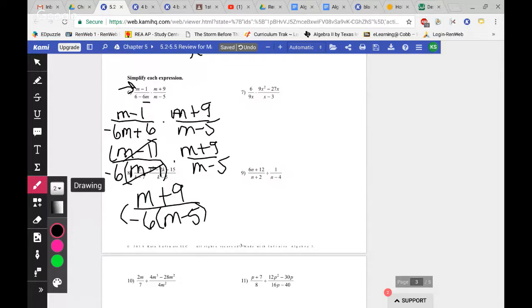And so it took the 6. So the answer key actually says minus m minus 9 all over a positive 6 times m minus 5.